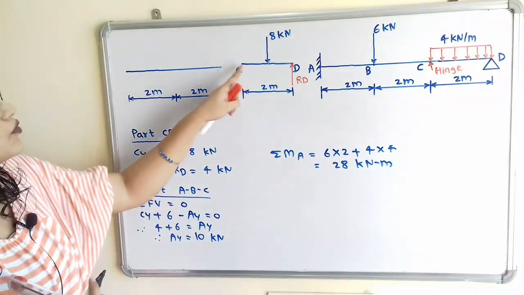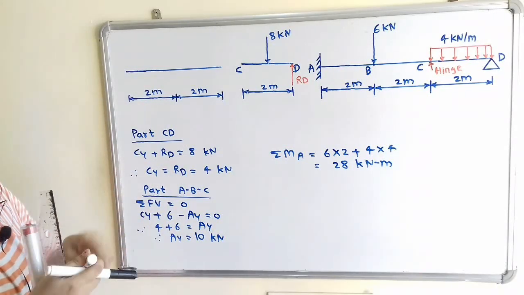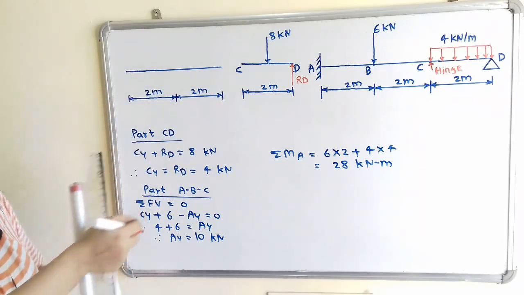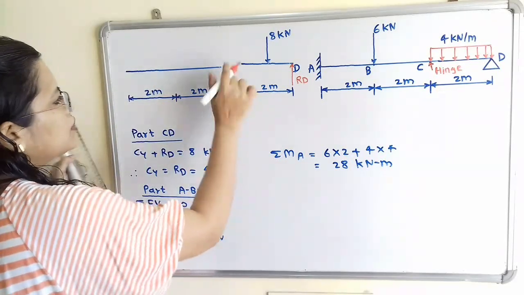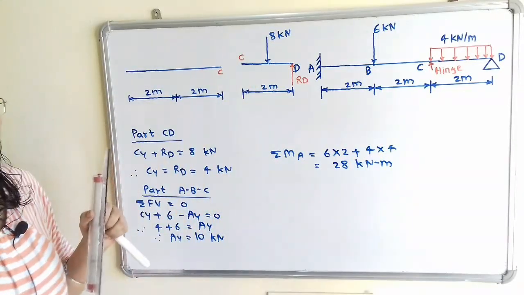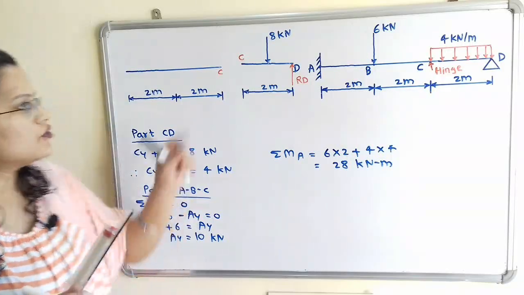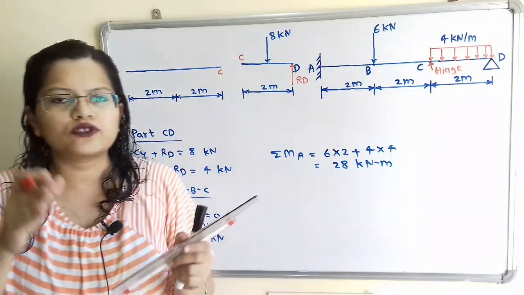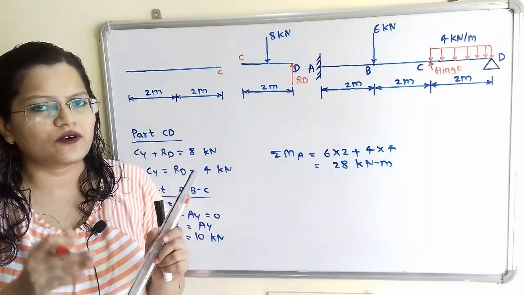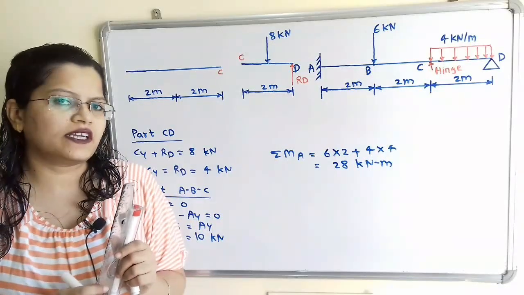Now we will move to the point C, which is the hinge point. So the point C is in the first part as well as in the second part. So I will mention here the point C. Now for this hinge point, how to show the forces? For these 2 parts we have to show vertical forces as well as horizontal forces, which are equal in magnitude but opposite in direction.